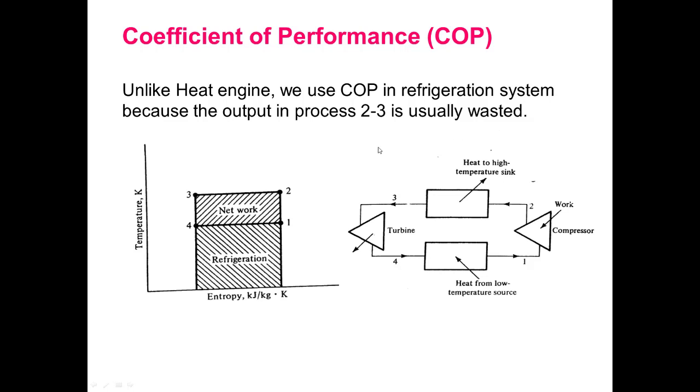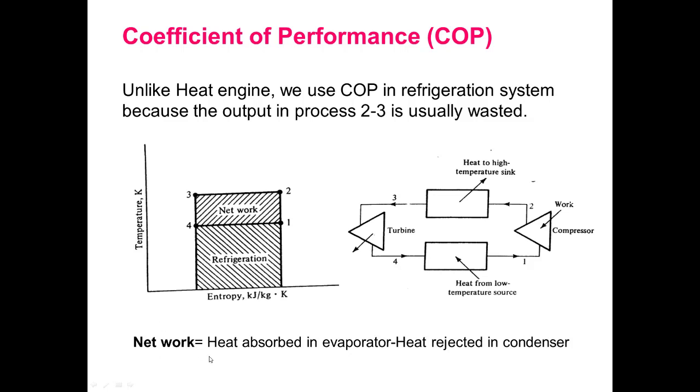That's why instead of using thermal efficiency, we are going to use the COP or coefficient of performance. Now you can see how we can define the net work here. Out of these processes, one is the heat absorption, another one is heat rejection. So the difference of the heat rejection and heat absorption will give you the work input. We can say net work, right?